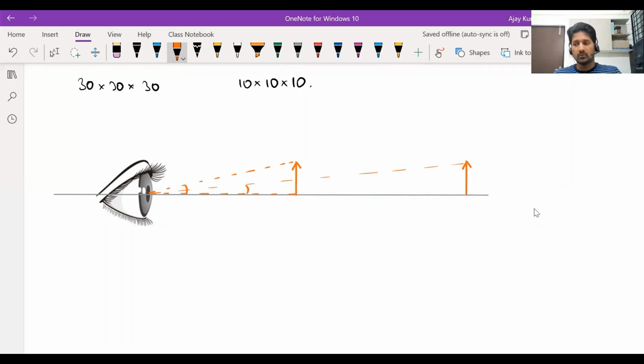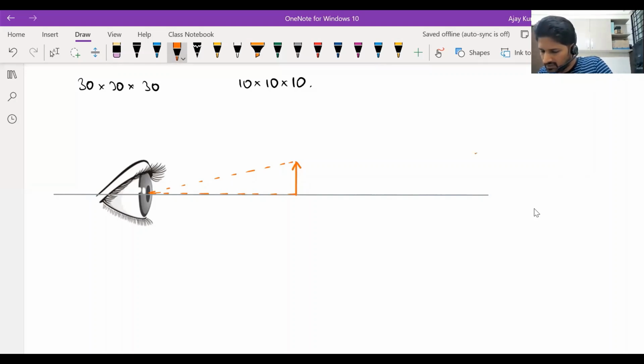So when it comes to a microscope or a telescope, the kind of magnification we are looking for is not linear magnification. We don't just want bigger images to be formed. We want bigger angles to be subtended on the eye. A bigger image doesn't always guarantee a bigger angle. For example, let's say this itself is the object, and you used some optical instrument and got a bigger image formed here.